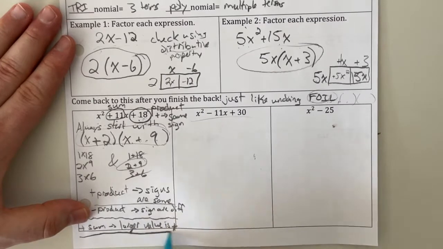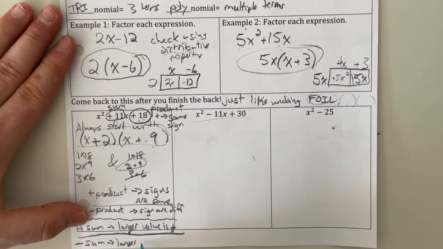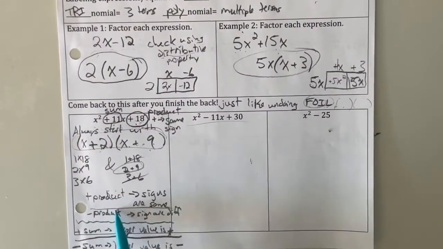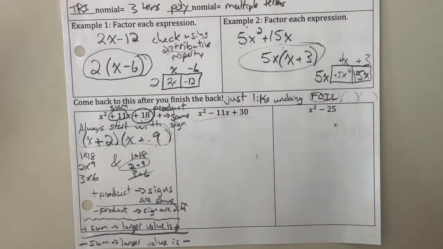And the same idea with the bottom part. If you know it's a negative sum, the larger value is negative. So make sure you're using those clues. Look at the product, look at the sum, figure out what your terms are, and have them inside of those parentheses.